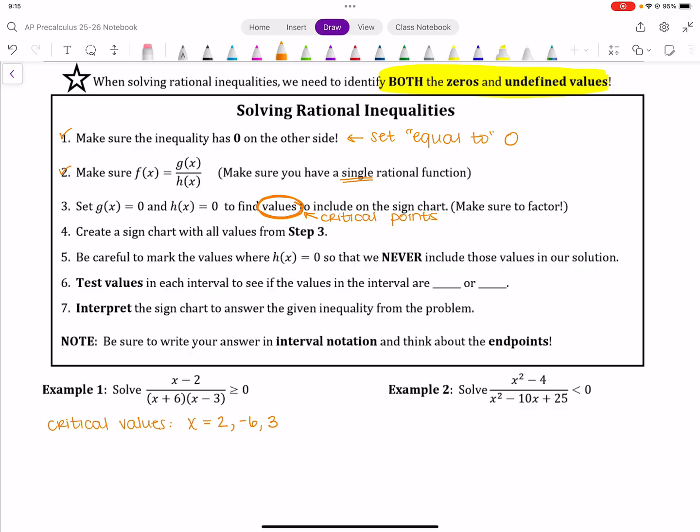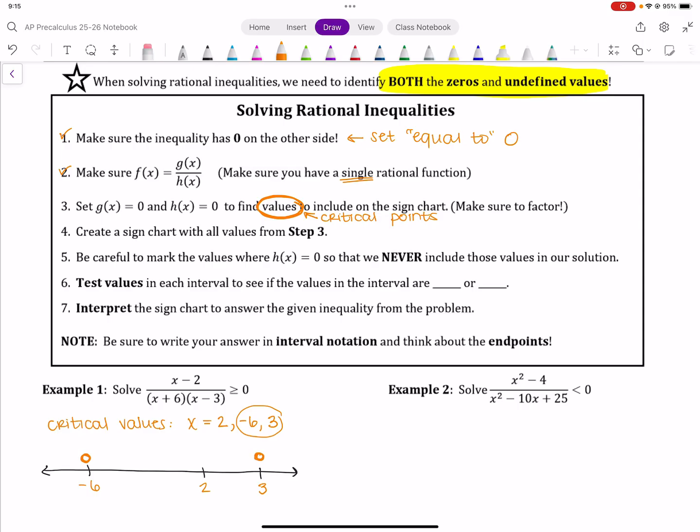So then our next step is to create a sign chart with those critical values. So we're looking at -6, 2, and 3. And as a reminder, we cannot be equal to our critical values from the denominator. So to remind ourselves of that, we're going to put holes over top of those two critical points.